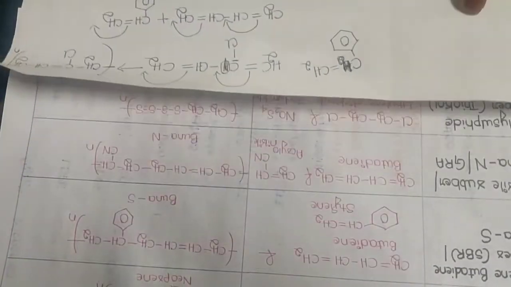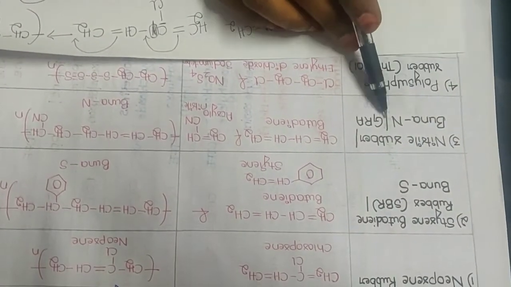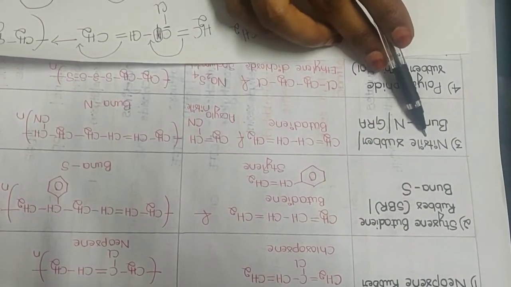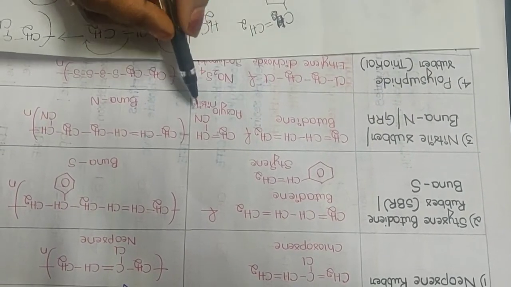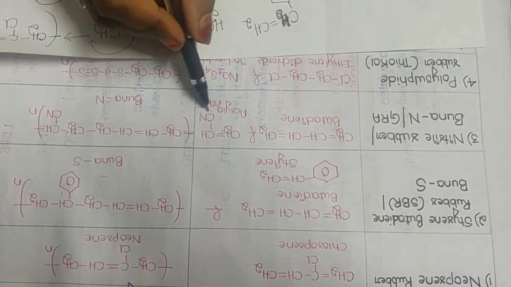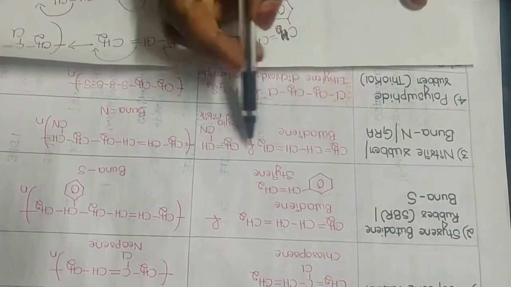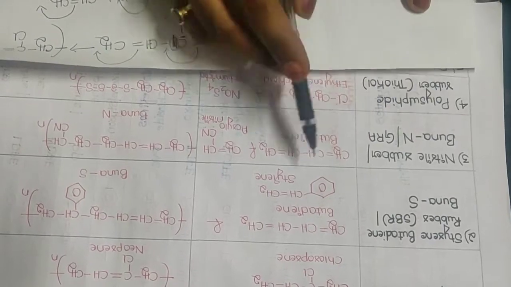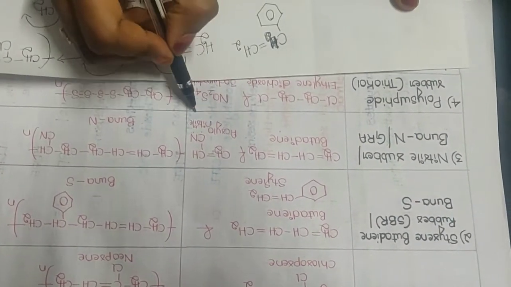In the same way we have another rubber called Buna N, which is also called nitrile rubber, where nitrile refers to the cyanide group. Cyanide is also called nitrile. So what are the 2 monomers here? Again Bu, butadiene. N stands for acrylonitrile.